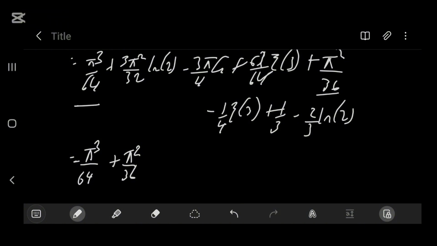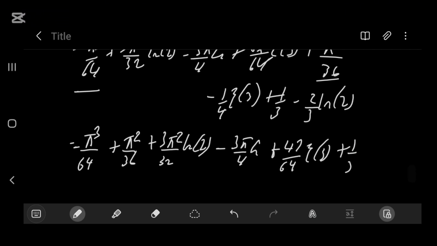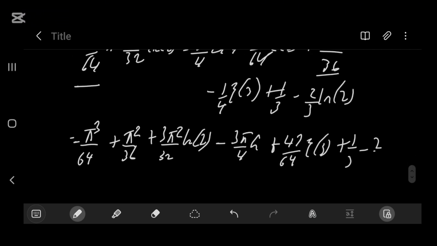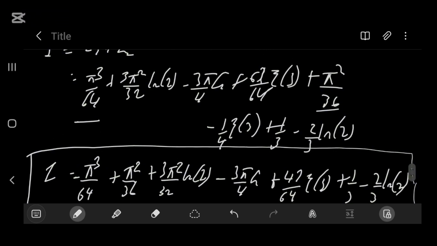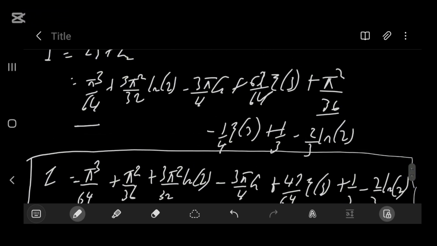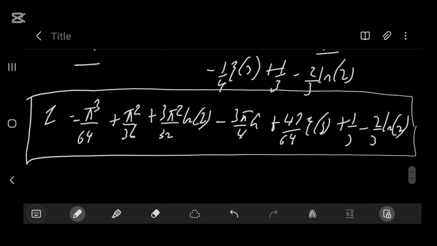So these will cancel, and plus 3 pi squared over 32 ln 2 and minus 3 pi by 4 Catalan constant and plus 47 over 64 zeta of 3 plus 1 over 3 and minus 2 over 3 natural log of 2, which is the long looking gorgeous answer we have here. This will become our final answer, and that's it. It took pretty long, longer than I expected, but we finally found the answer.